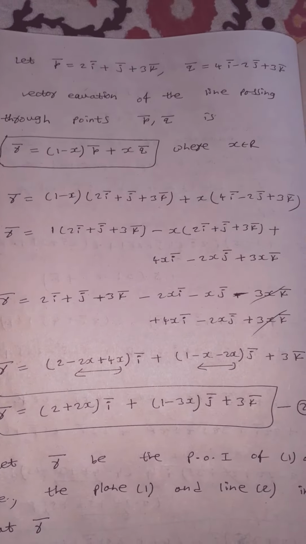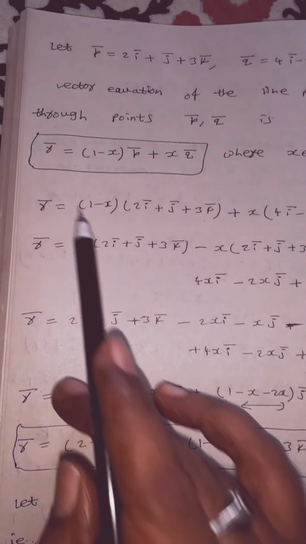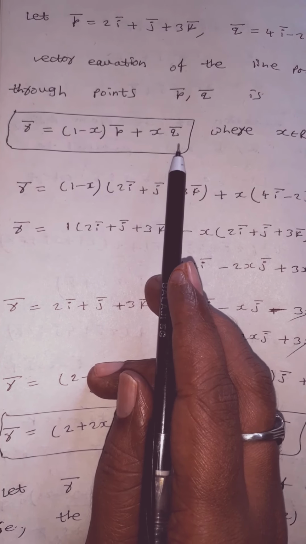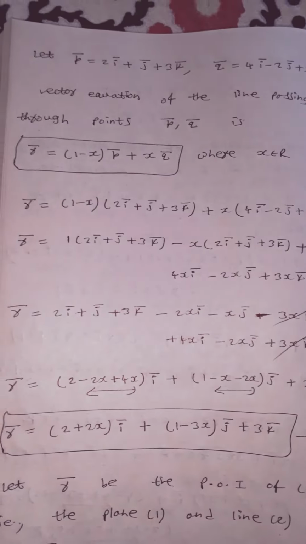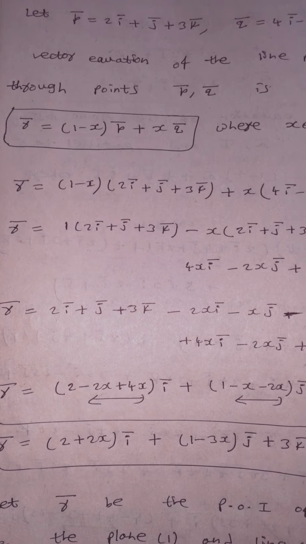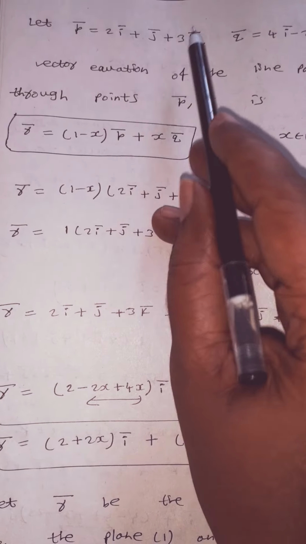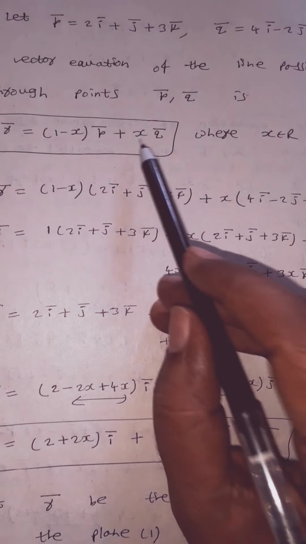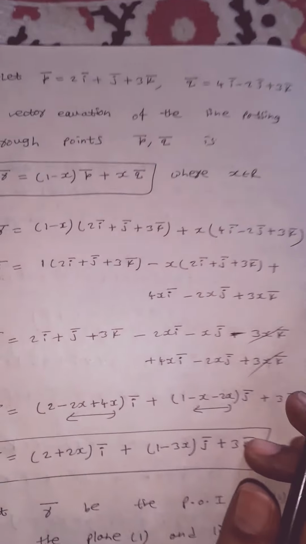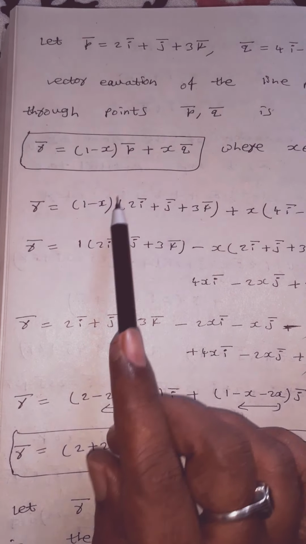So the vector equation of the line passing through points p bar, q bar is, the formula is r bar equal to (1 minus x) p bar plus x q bar, where x belongs to R. So 1 minus x, write as it is, children. p bar is how much? This is the value given. Next x q bar, given this value, write as it is. So here multiply 1 into these 3 terms, children.